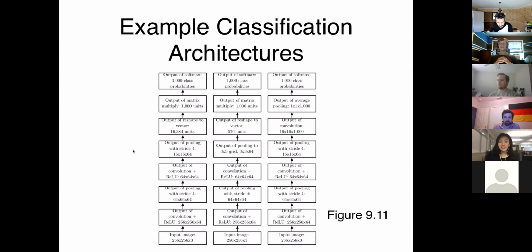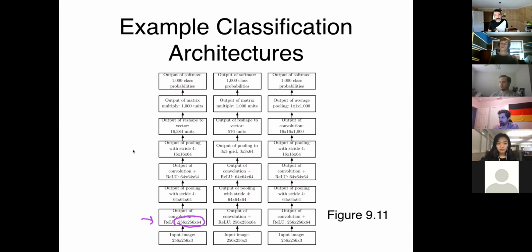So you see this, your input image is of size 256, 256, 3, right? So this is, for example, one size of input image. And then you have a convolution layer that produces this size of tensor, 256, 256, 64. This means that you increased the depth.